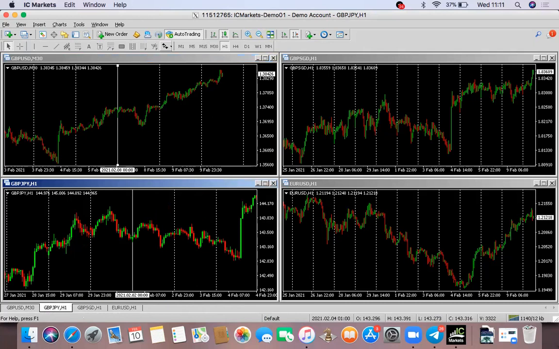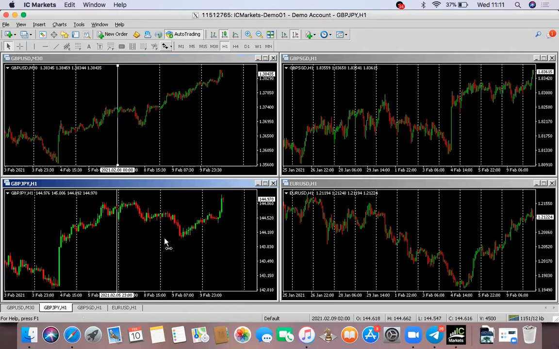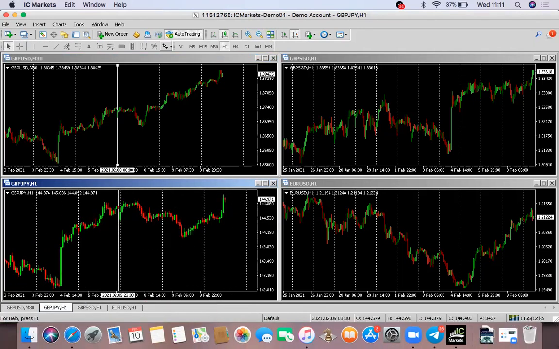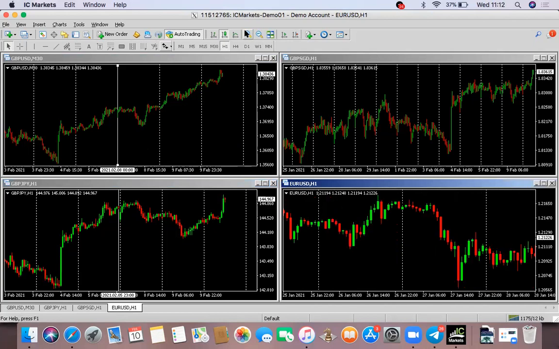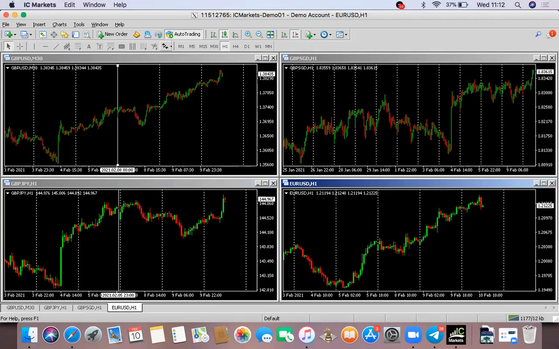JPY was just selling, no, sorry. So do you know what this tells me? What this tells me is that GBP is not in control, but USD is. Because if I check Euro USD, you could see them forming the same thing.